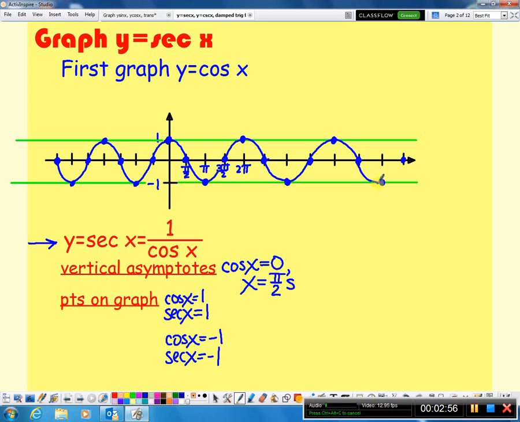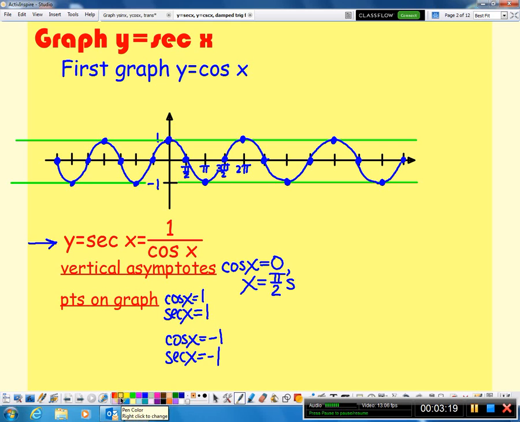All right, so now in red, I need to go ahead and start graphing y equals cosine x. Well, I know that I'm going to have vertical asymptotes for the secant graph when cosine x equals 0, or through the x equals pi over 2's. I'm going to go ahead and draw those vertical asymptotes. I think I will draw them, whereas you might dot them.